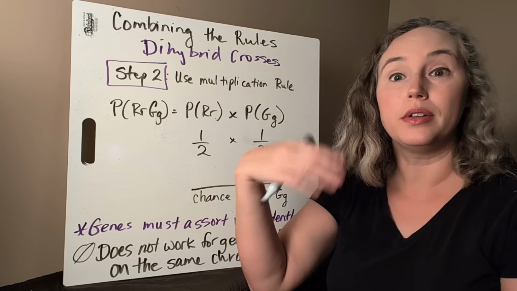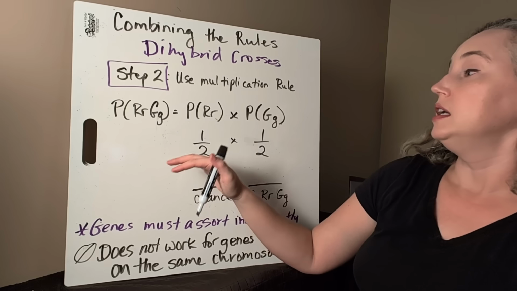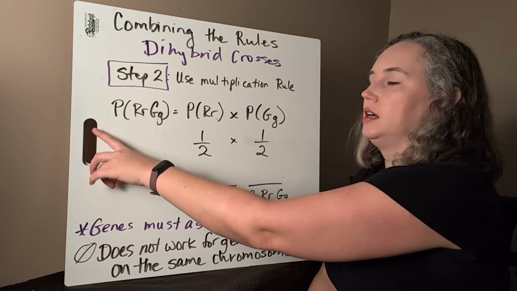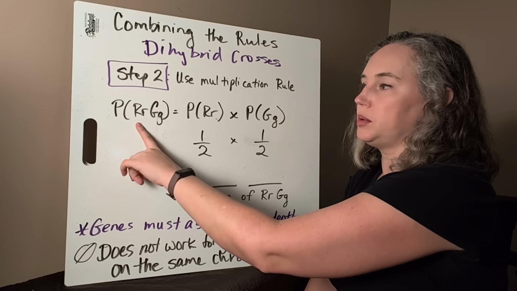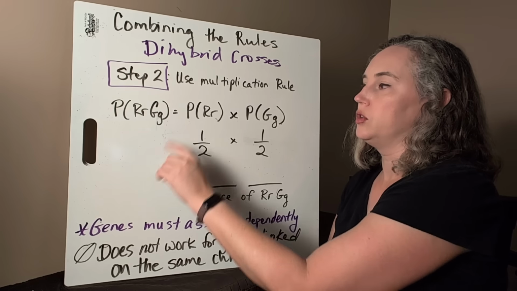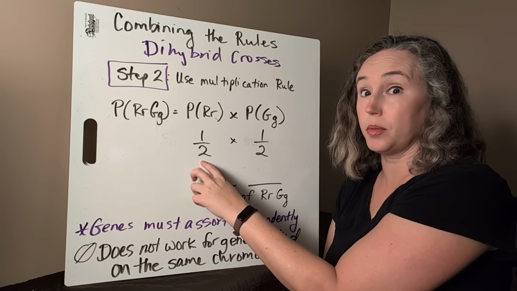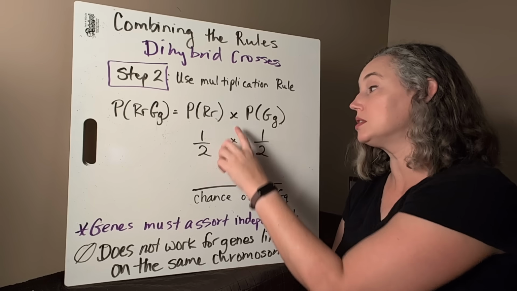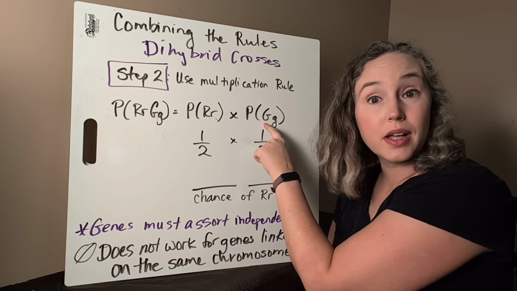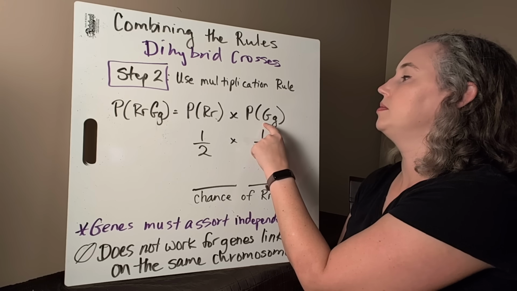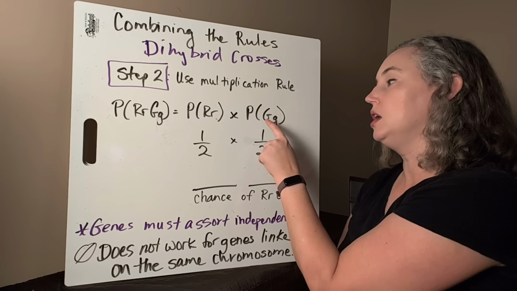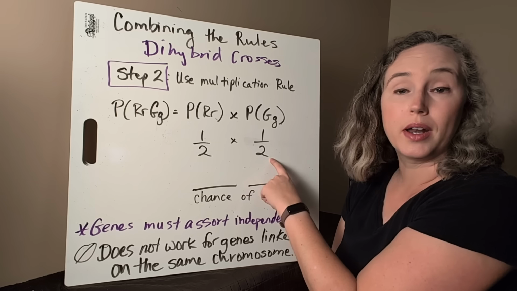Then step 2, use the multiplication rule. So the probability that you're going to be heterozygous for both traits will be the probability of heterozygous for R, which we just determined was 1/2, times the probability of being heterozygous for big G, little g, for G, and that was also 1/2.